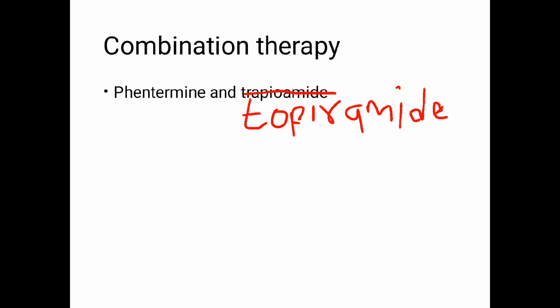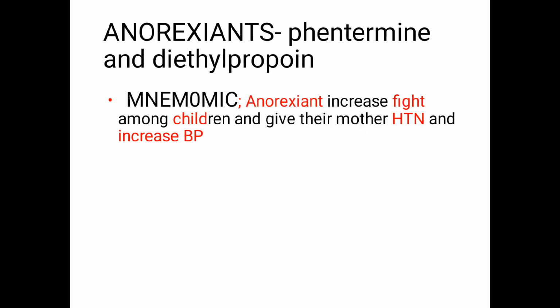So we have discussed anti-obesity drugs, that's drugs used in obesity, and we started by saying that obesity is a complex metabolic disorder that involves accumulation of fat in the body, and we talked about the drugs. And I gave you two mnemonics that will help you remember the drugs used in obesity. The first one is for the anorexiants: anorexiants increase fight among children and give their mother hypertension.